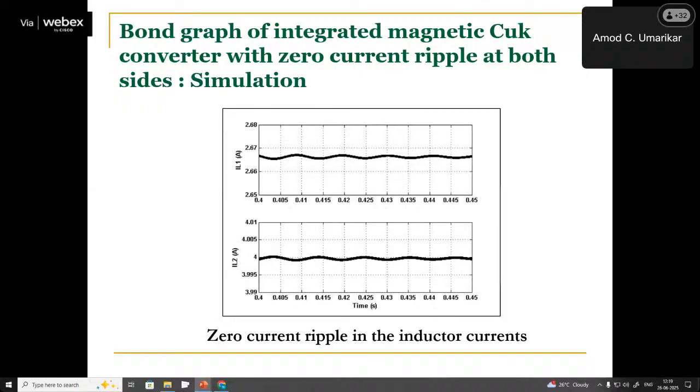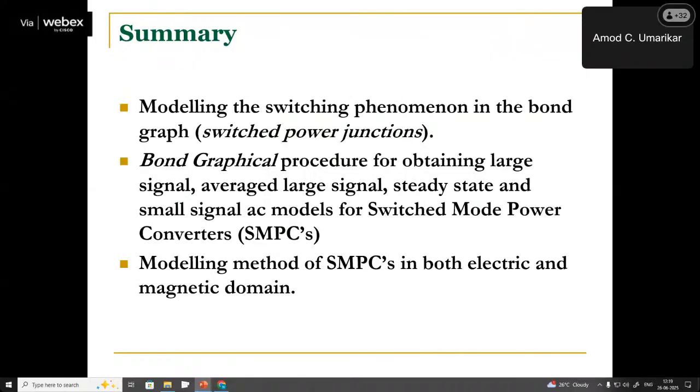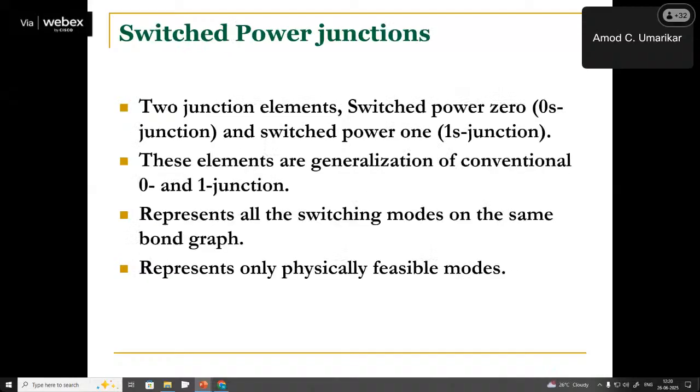So in summary, modeling of switching phenomena in bond graph is possible, and we have proposed a procedure for obtaining large signal, average large signal, steady state and small signal models, which we have very briefly discussed, and modeling of magnetic components in SMPCs in both the magnetic and electric domains we have discussed.